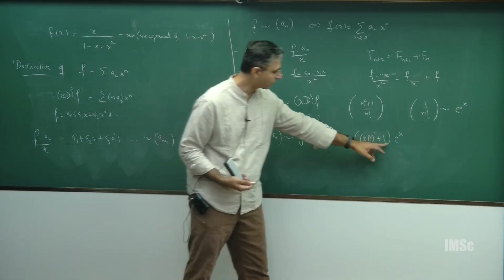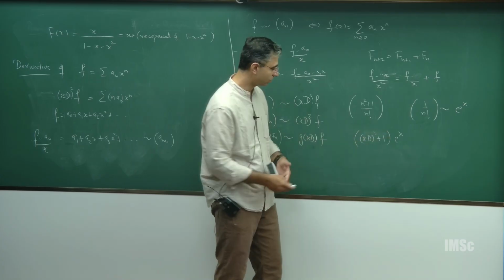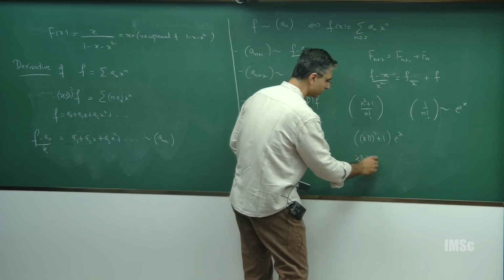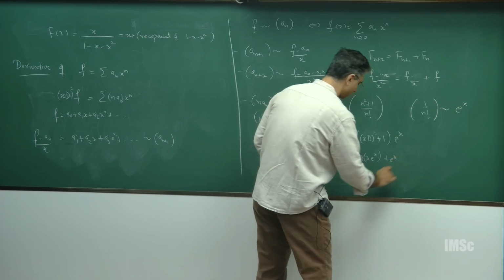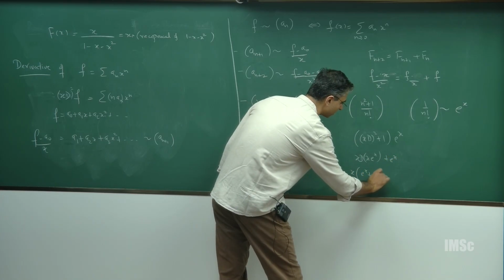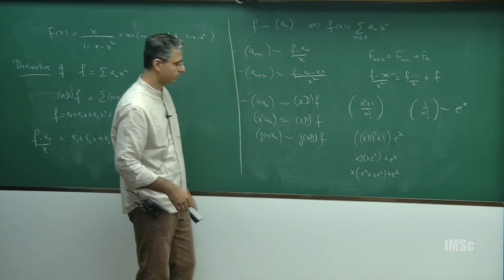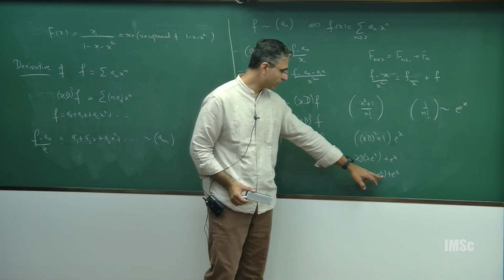So, this is e raised to x, and you do x d of e raised to x. The derivative of this is again e raised to x, so this gives x e raised to x plus x squared e raised to x plus e raised to x.